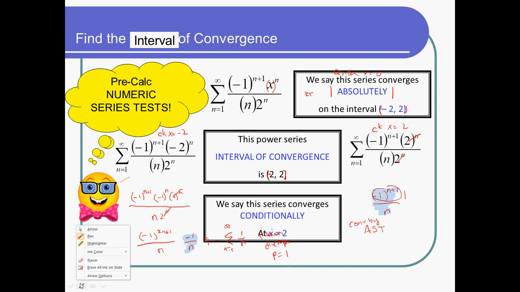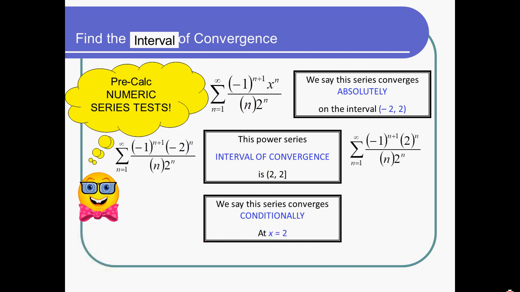Some language that I'll talk some more about when we get back from break. We say the series converges conditionally at 2, because the endpoint 2 converged only because the alternating signs were there, that you had both the positives and negatives.